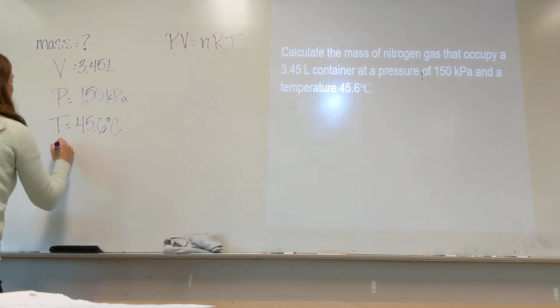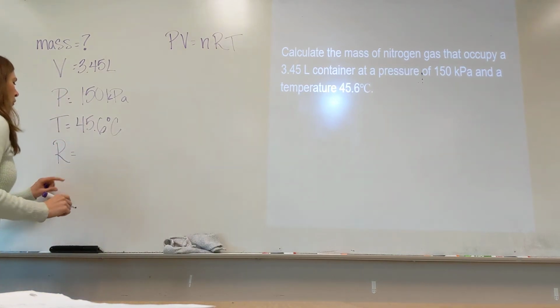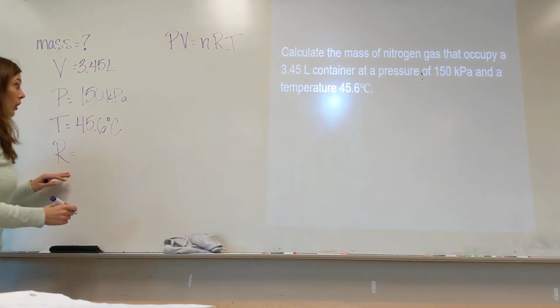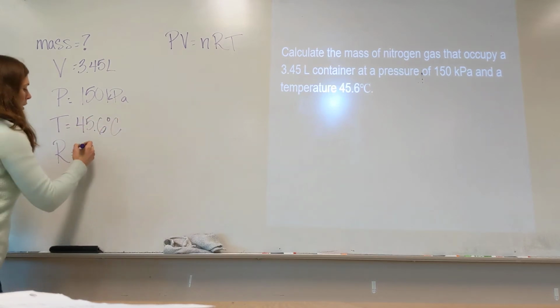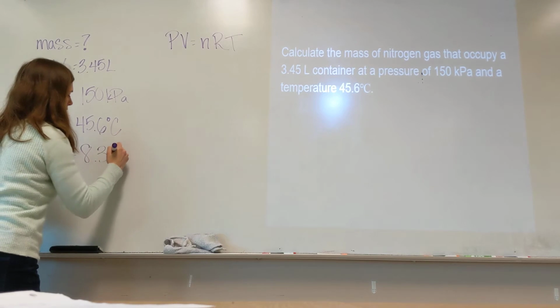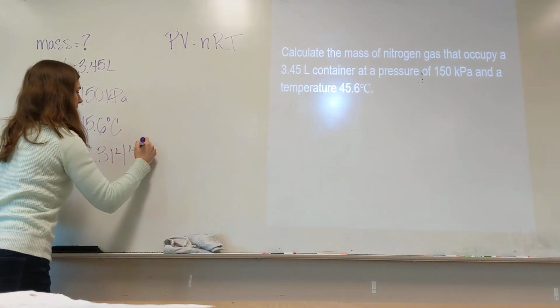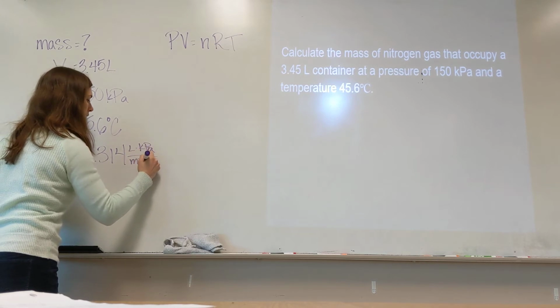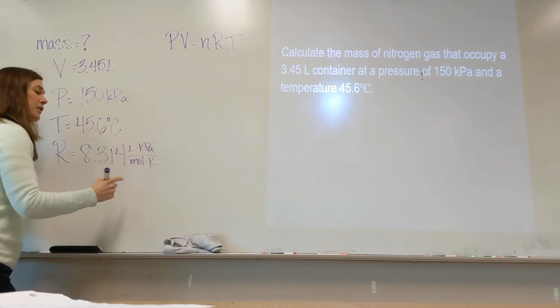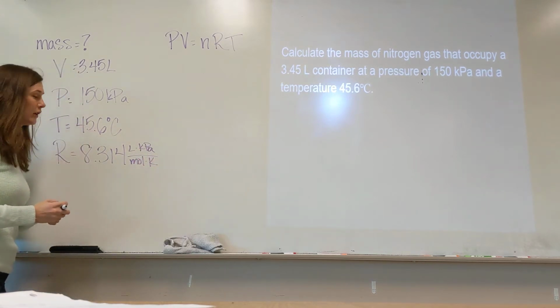So again, using kPa, you can look up the value of R, which would be 8.314 liters times kPa, divided by moles times Kelvin. That's on the front of your reference packet on page 1.